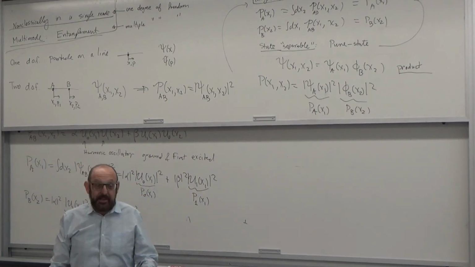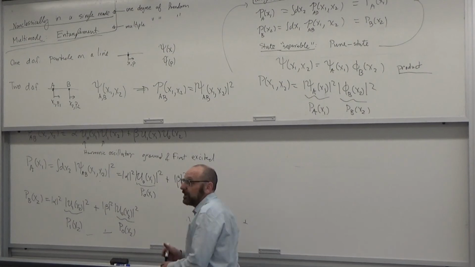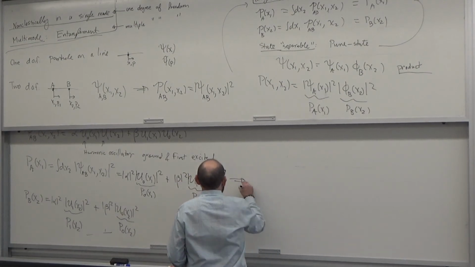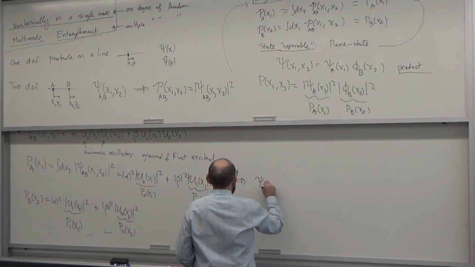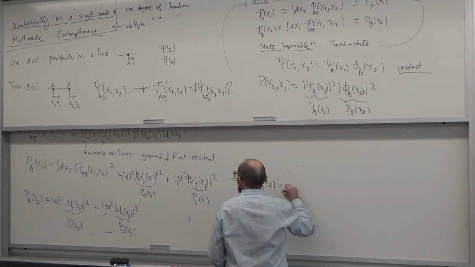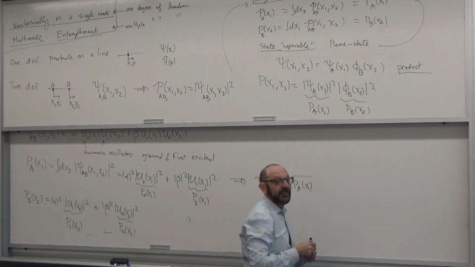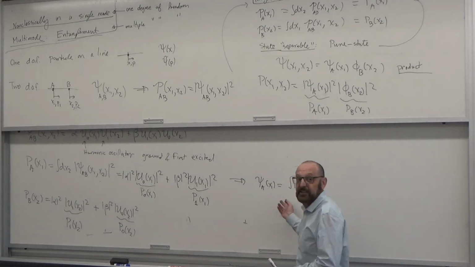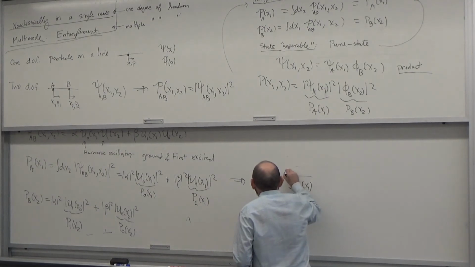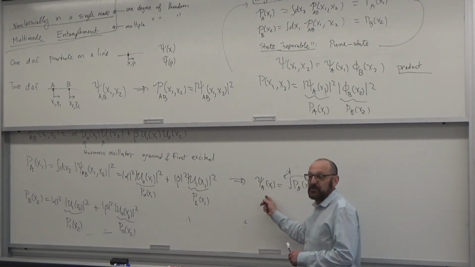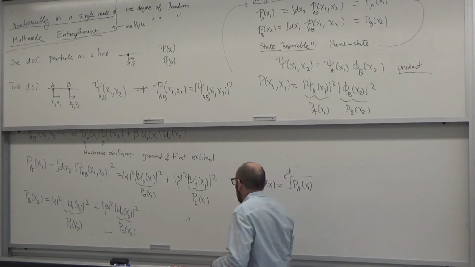You might think, well, okay, if this is the probability distribution, I'm going to define the wave function, up to some phase, as the square root of this. That seems like a fine thing to do, so that when I square it, I get the distribution. I might put a phase in there. I don't know what that phase is, but maybe I don't care. So I'm going to call this the wave function. I might think that's a reasonable thing to do.